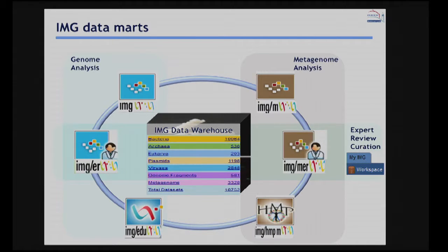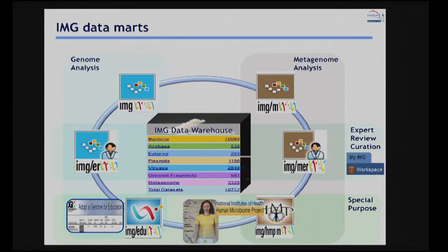Some people want to focus on metagenomes. Then you have the slice of people who look at isolate genomes or metagenomes but want to do expert review of this data. What that means is trying to find what is missing in the data, or if something looks incorrect, and fill in the gaps and correct the errors.